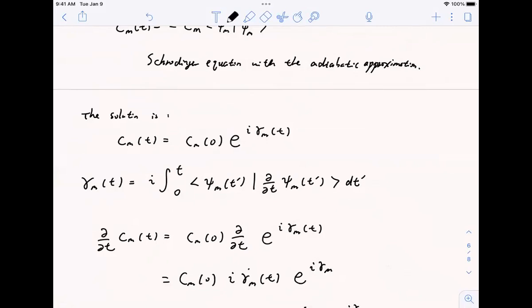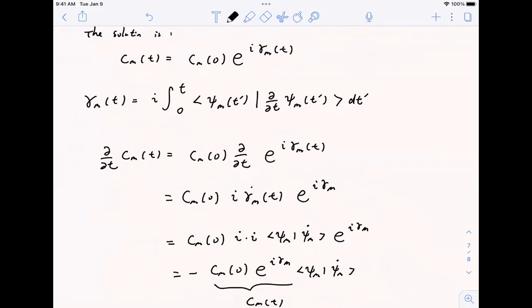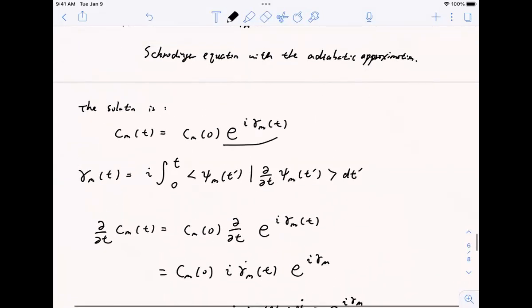Why is there an i? It's like e to the gamma, and minus one.